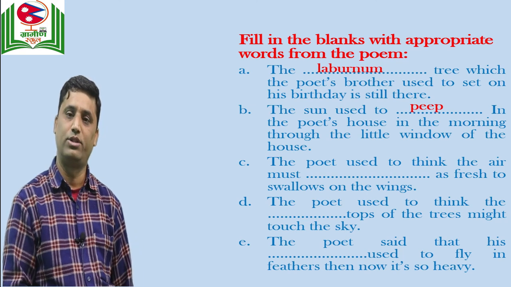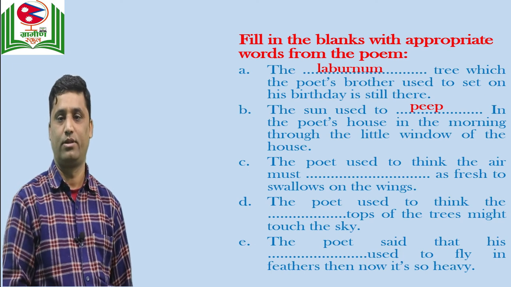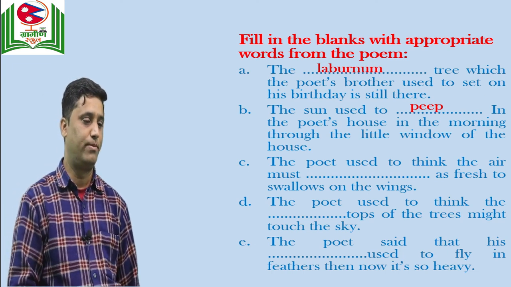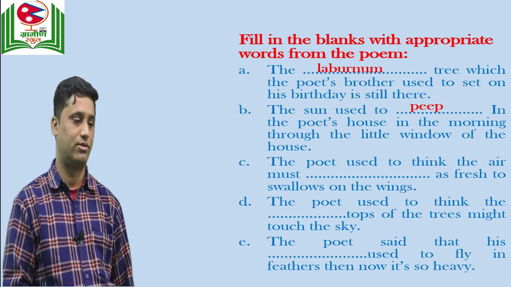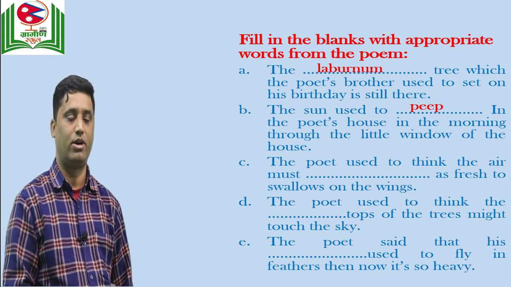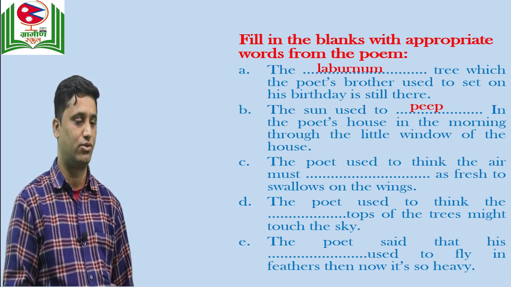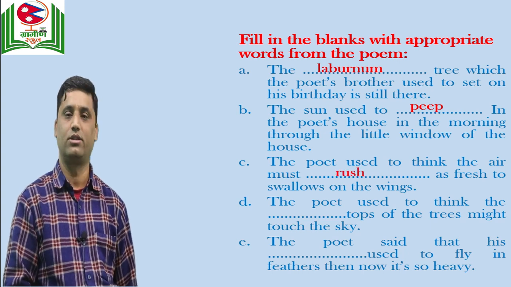Second one, the sun used to peep. Okay, in the poem you see peeping, but you have to use the appropriate form. The sun used to peep in the poet's house in the morning through the little window of the house. And you go to see, the poet used to think the air must rush as fresh to swallows on the wings. The word is rush.